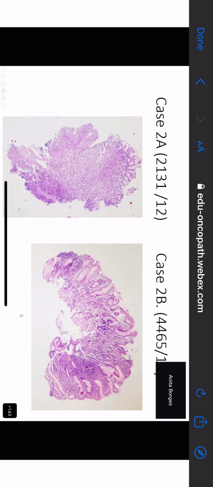Now come to the right, and what do you see in 2B? In 2B, it looks like the biopsy is taken from the antral part. The antral part, all right. I can see the foveolar epithelium and the glands. Okay, can you show me the glands, please? Yes, ma'am, this part.